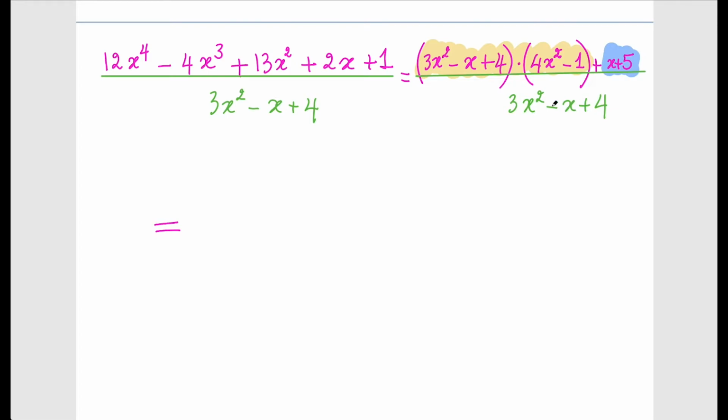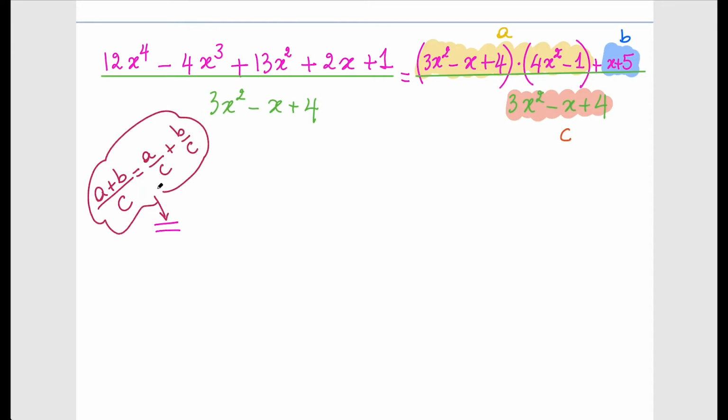And this one is gonna be the c. Correct? So that yellow guy is gonna be the a, the blue highlighted one is gonna be the b, and that guy is gonna be the c downstairs. And then what is that? Let's revisit this concept. So a plus b over c is equal to a over c plus b over c. That's what we said. Okay?